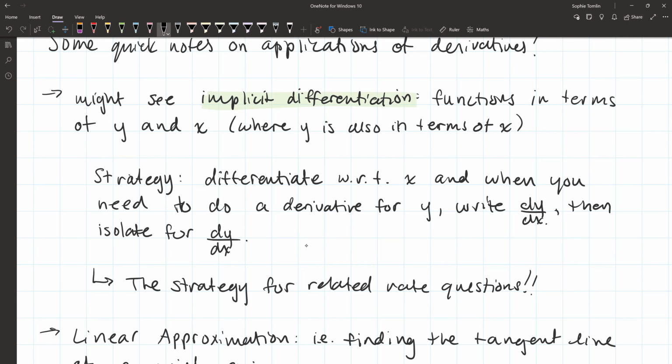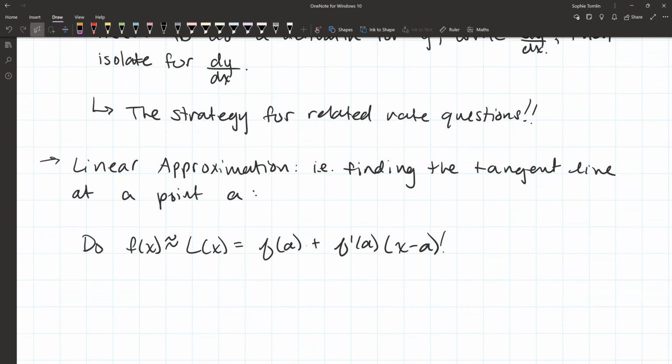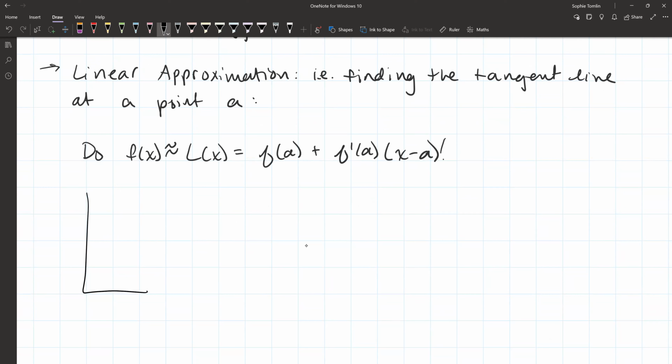But yeah, another application for derivatives is finding the equation of a tangent line at the point a. If you think about the green curve we had at the beginning, to approximate this function at a specific point, let's say this one right here, we'd want to find the equation of the line that is tangent to it.